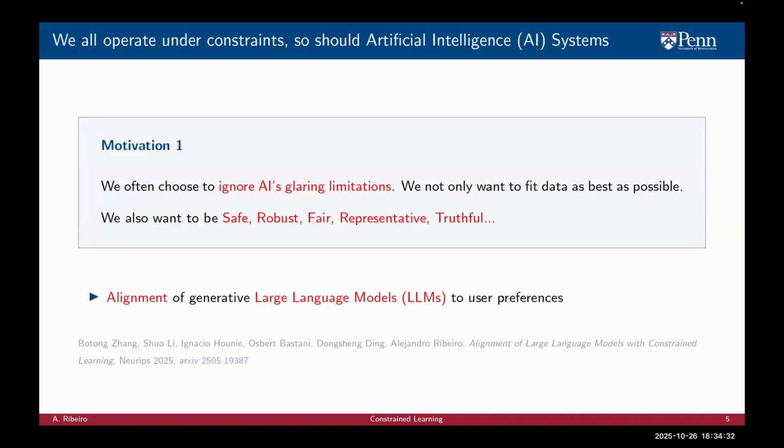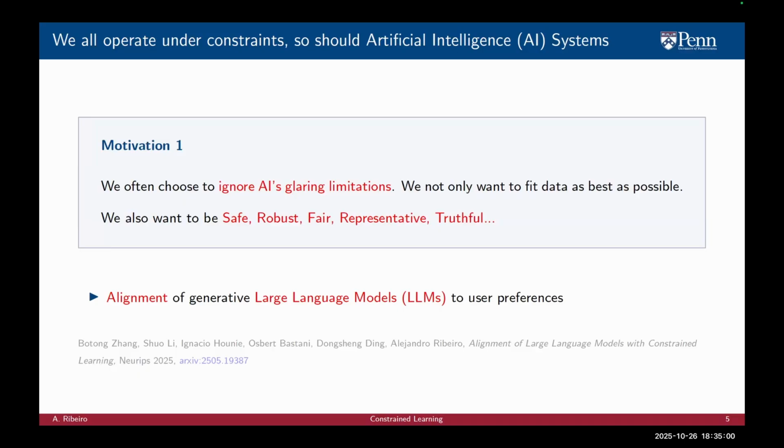I believe that there are three motivations, or three reasons, why you should care about requirements in artificial intelligence, all of which are summarized by a simple statement, which is that we all operate under constraints. There are several things I would like to be doing today, but I have only one life. So if we operate under constraints, artificial intelligence systems should operate under constraints as well.